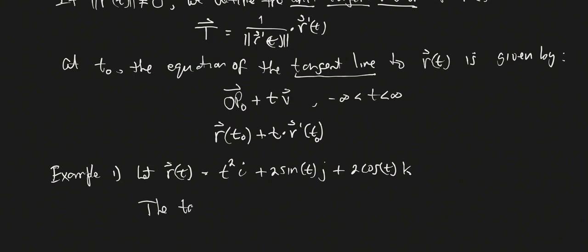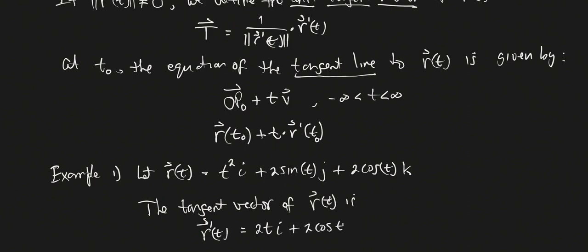So the tangent vector of r of t is the derivative, right? So we just differentiate each component. The derivative of the first component is 2t, and then that's times i. The derivative of the second component is going to be plus 2 cosine of t times j.